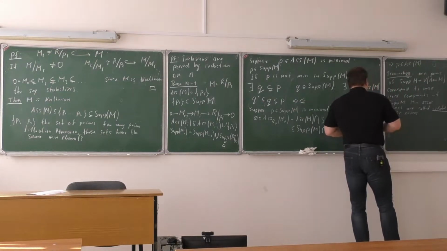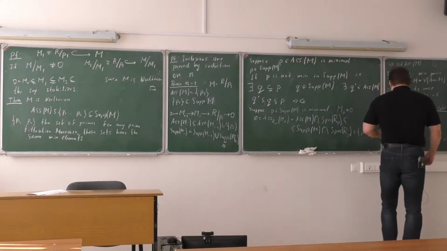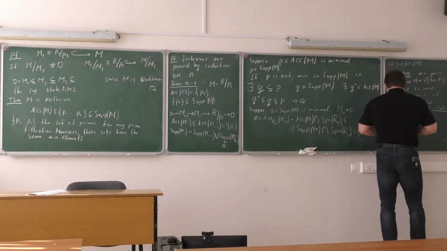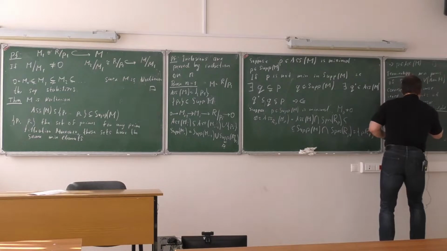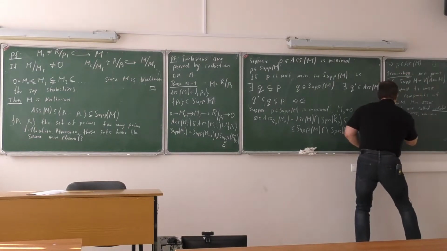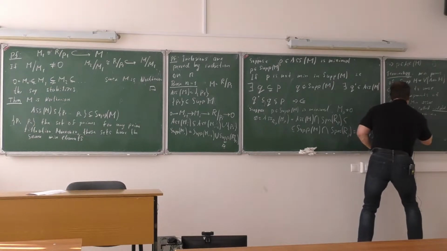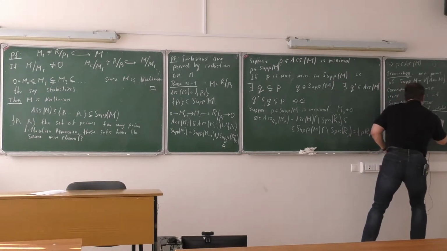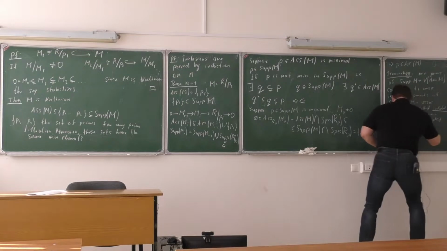And if there are other associated primes, these are called embedded. So non-minimal associated primes are called embedded.